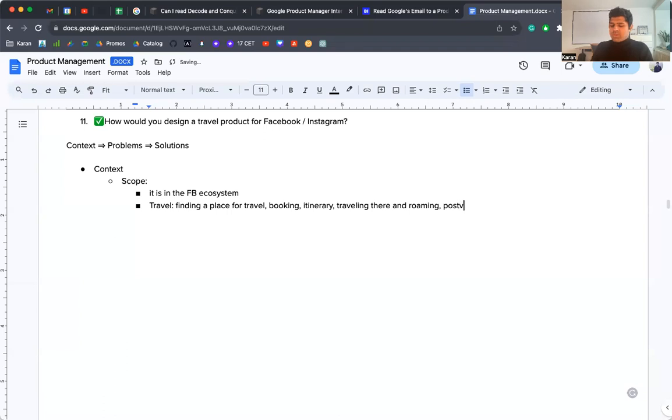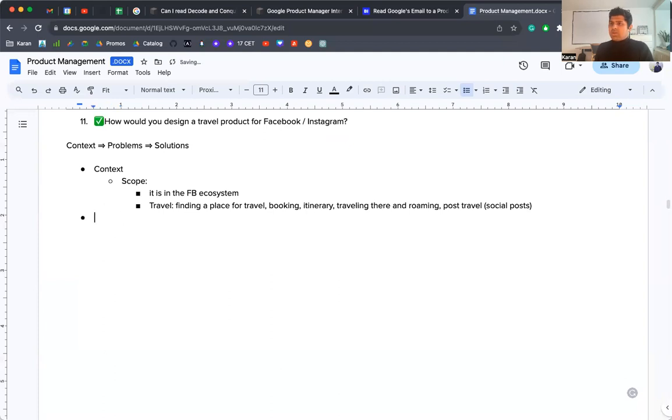And maybe even the post-travel part. So let's also include the post-travel part, which could be social media posts or content or something similar. So this is essentially the definition of travel, and this is what we want to build either in the Facebook ecosystem or in the Instagram ecosystem.